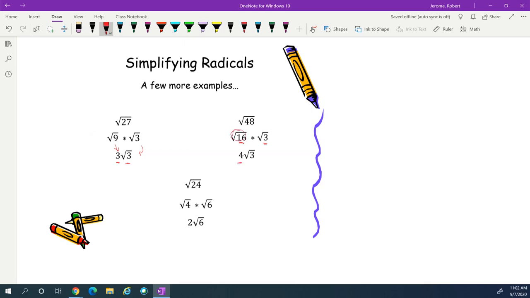So again, we're looking at this as the square root symbol is asking me what was squared to get here. So a 4 was squared. That's why you only see one 4 on the outside. That square root 3 just stays the way it is. So this is the greatest perfect square factor approach.